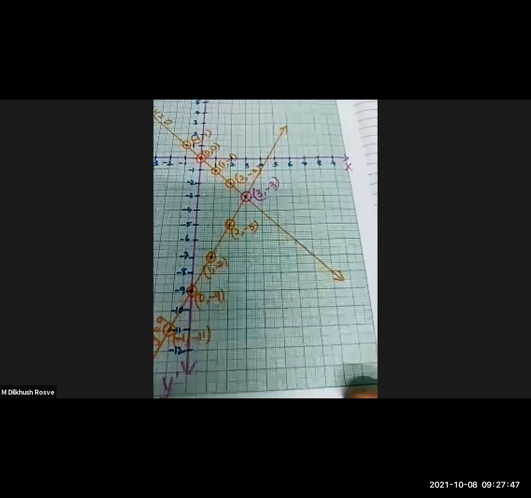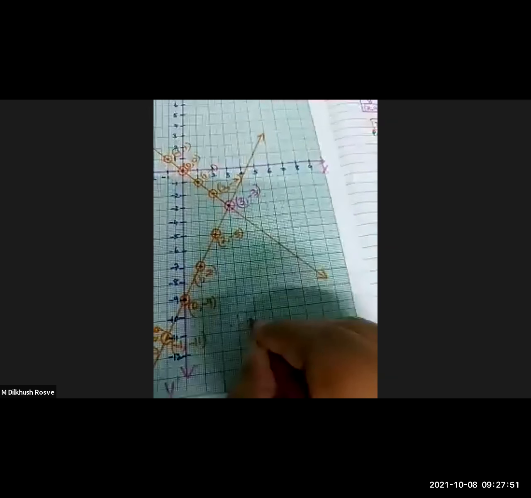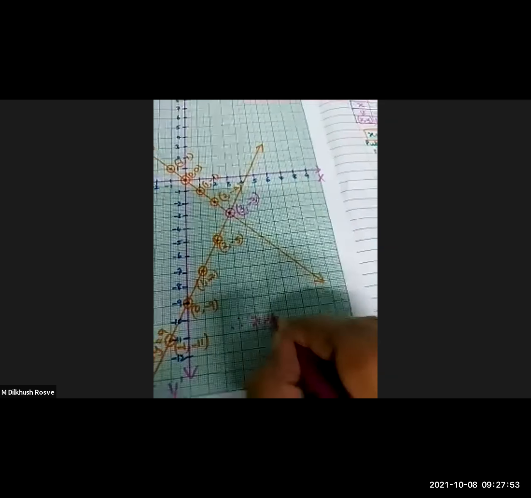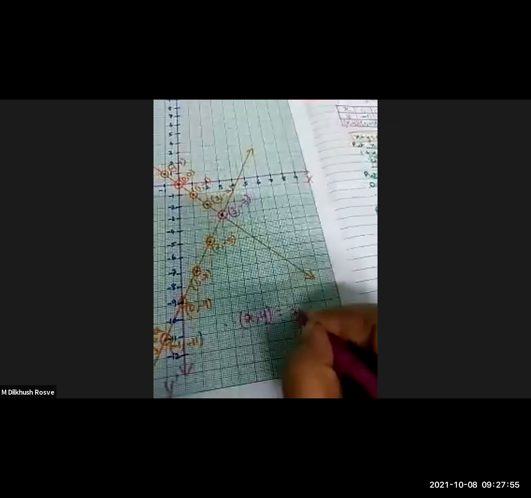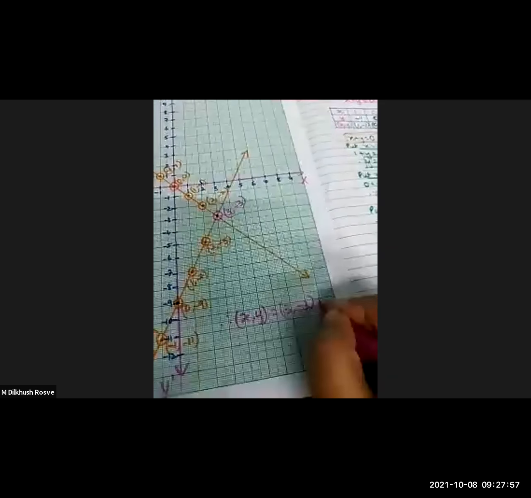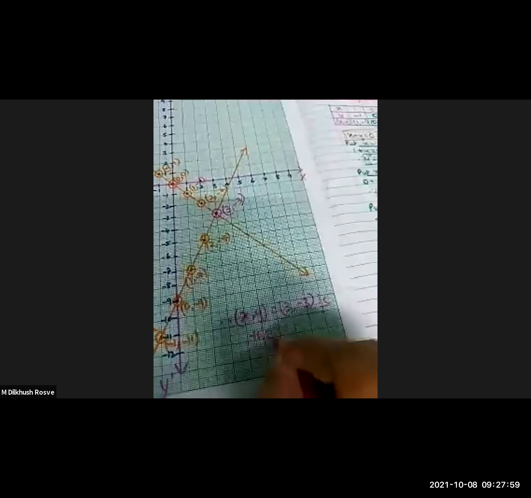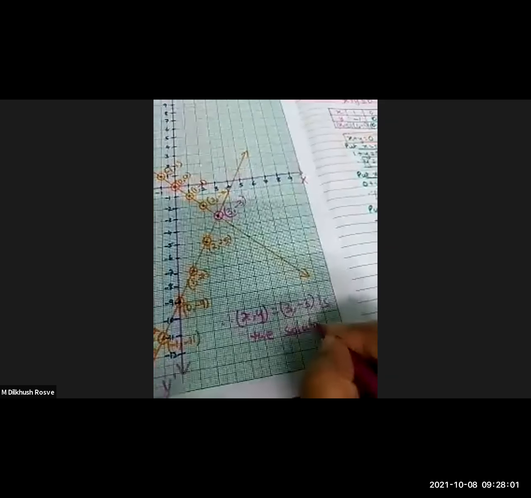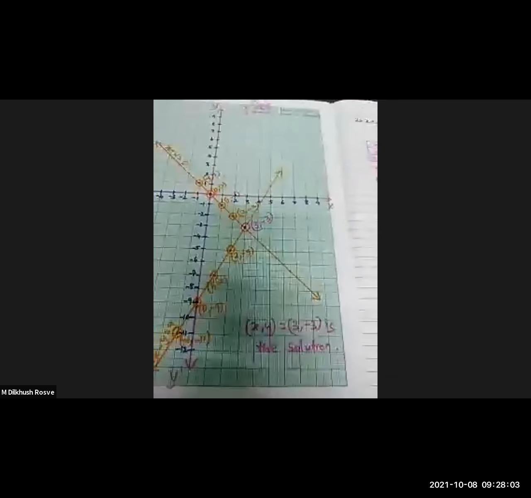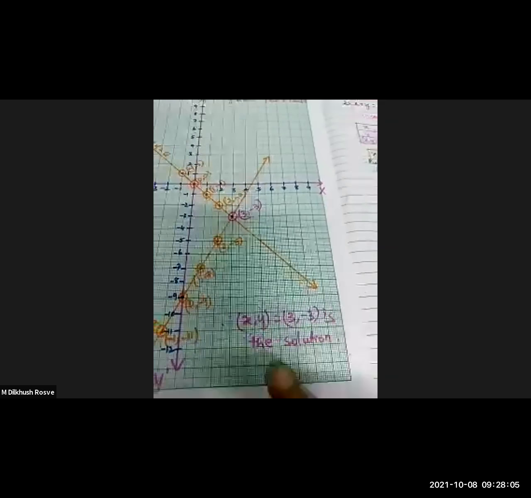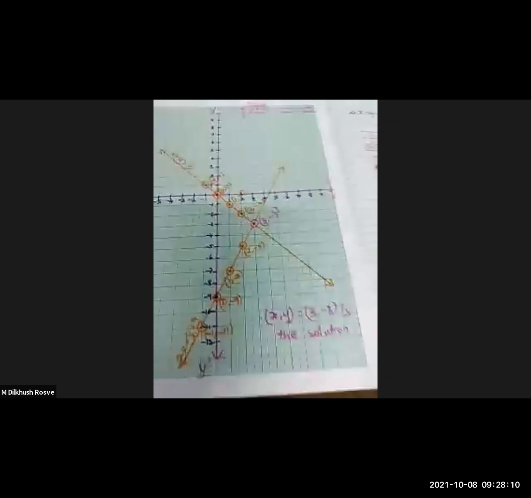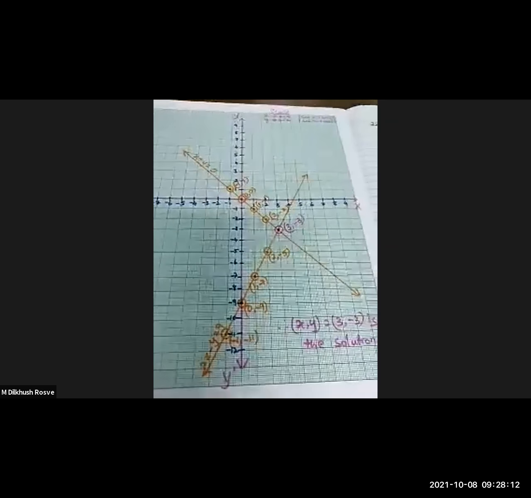So how will you write the answer? Therefore, x comma y equal to 3 comma minus 3 is the solution. Either you can write the answer over here, or if you want to write this side also, you can write, no problem. Now, clear, students?